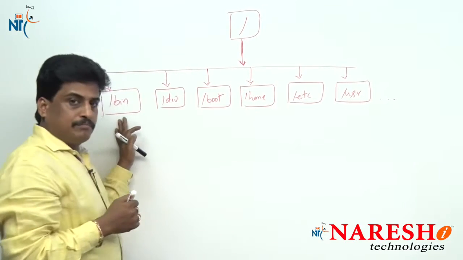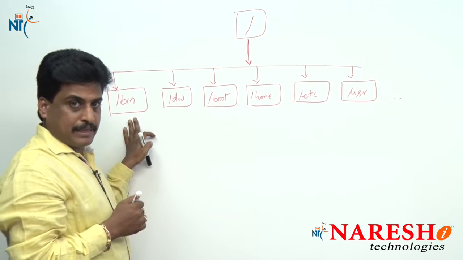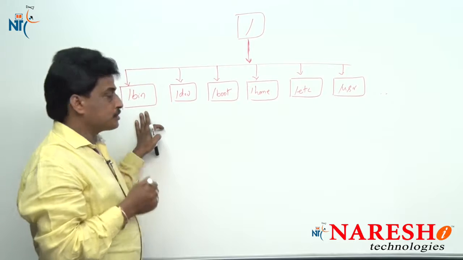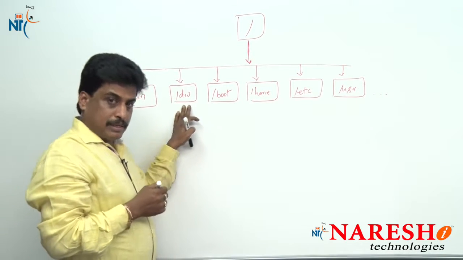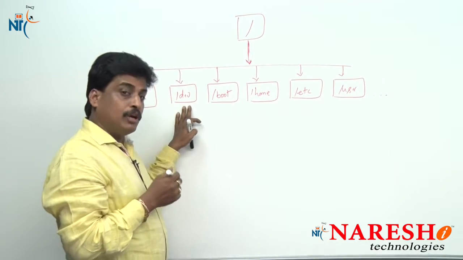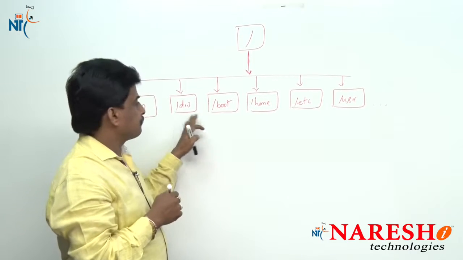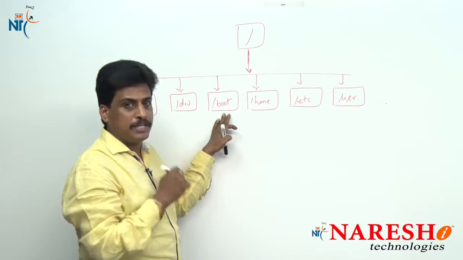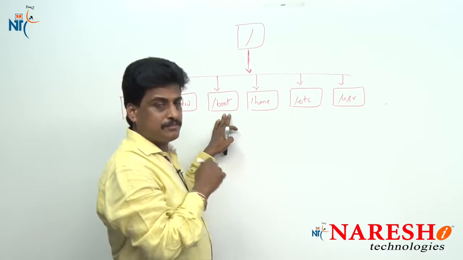What is bin? Bin stands for binary. It contains all executable files available for the users. Device, it contains all device drivers. Boot, it contains all boot related information to reboot the system.